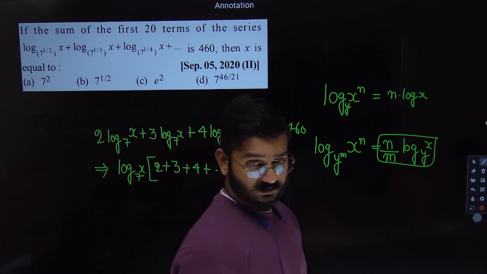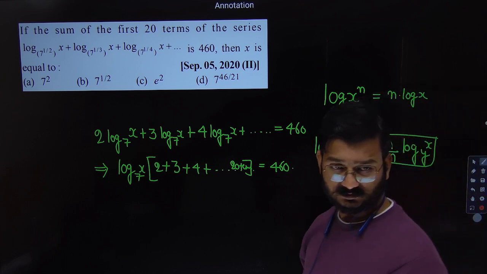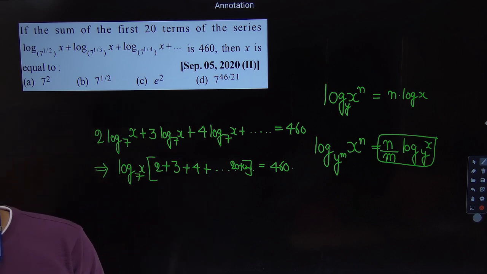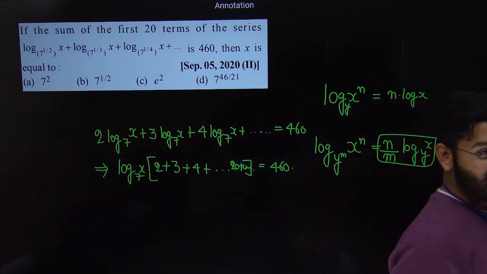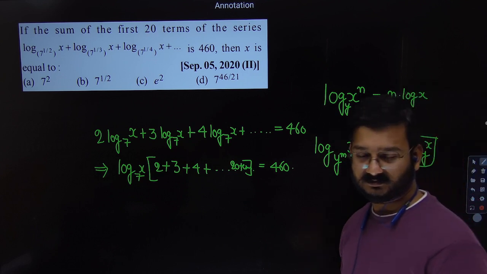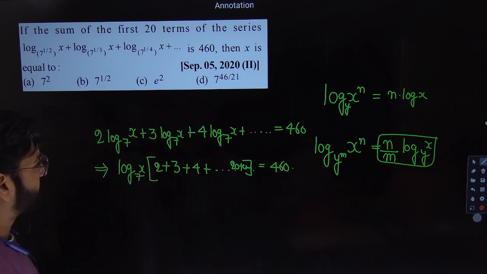N by 2, A plus n minus 1 into, A or 2A? What is the formula for the sum of n terms? N by 2 into 2A plus n minus 1 into D. Apply the formula. Tell me what sum is coming?